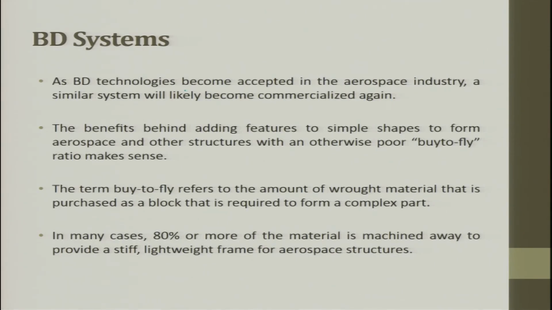As DED technologies become accepted in the aerospace industry, a similar system will likely become commercialized again. The benefit behind adding features to simple shapes to form aerospace and other structures, with an otherwise poor buy to fly ratio, makes sense.